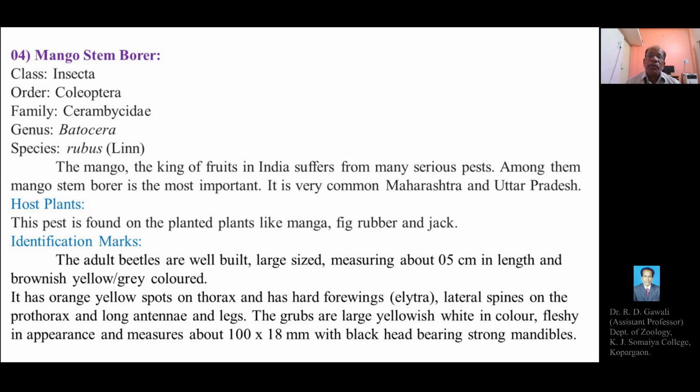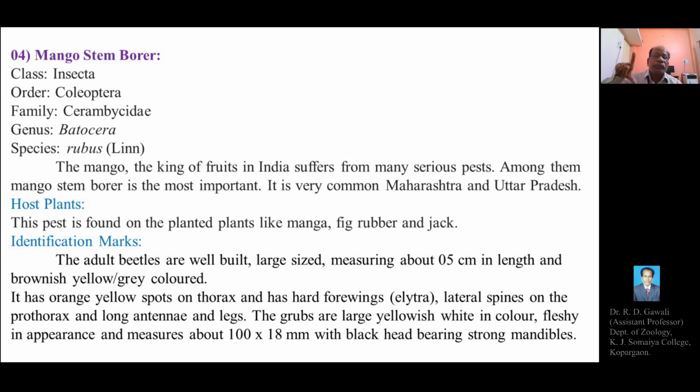The larva of the beetle, or the mango stem borer, is called a grub, which is an apodous larva without appendages, and thus is called a grub. So the grubs are large in size, yellowish white or cream white in color, fleshy in appearance, and measure about 10 centimeter by 2 centimeter, or 100 millimeter by 18 millimeter.